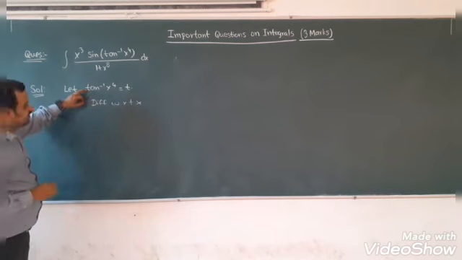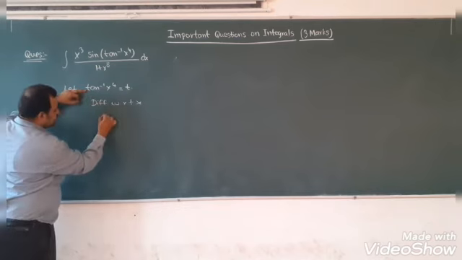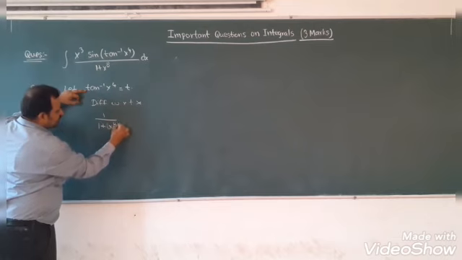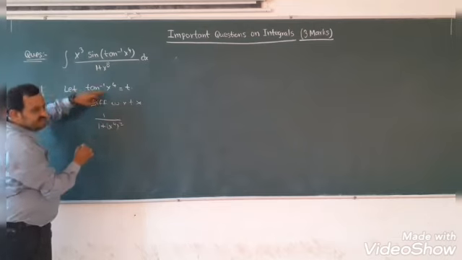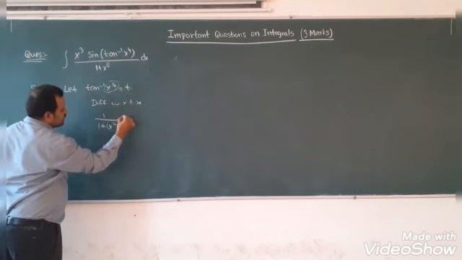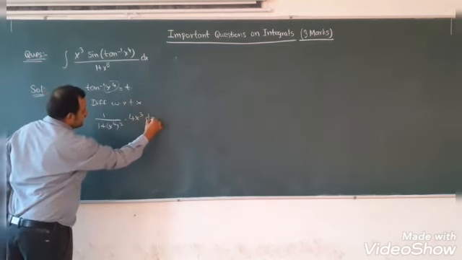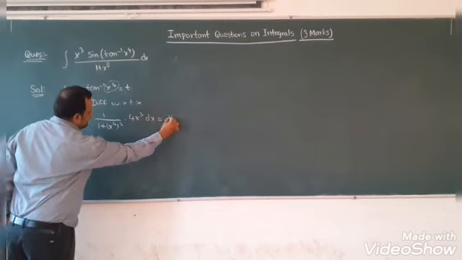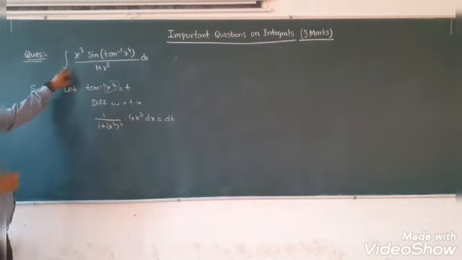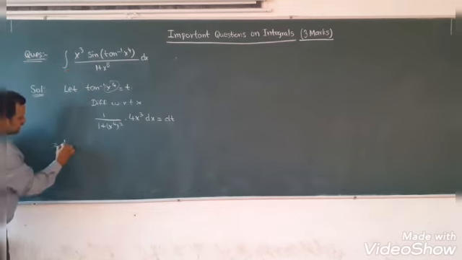What is the differentiation of tan inverse? 1 by 1 plus x to the power 4 whole square. And what is the differentiation of x to the power 4? It is nothing but 4x cube. So 4x cube dx is equal to dt. So you can see here 4 is missing here. Yes or no? So 4 is missing here. So what I am doing here is multiplying by 4 and dividing by 4.